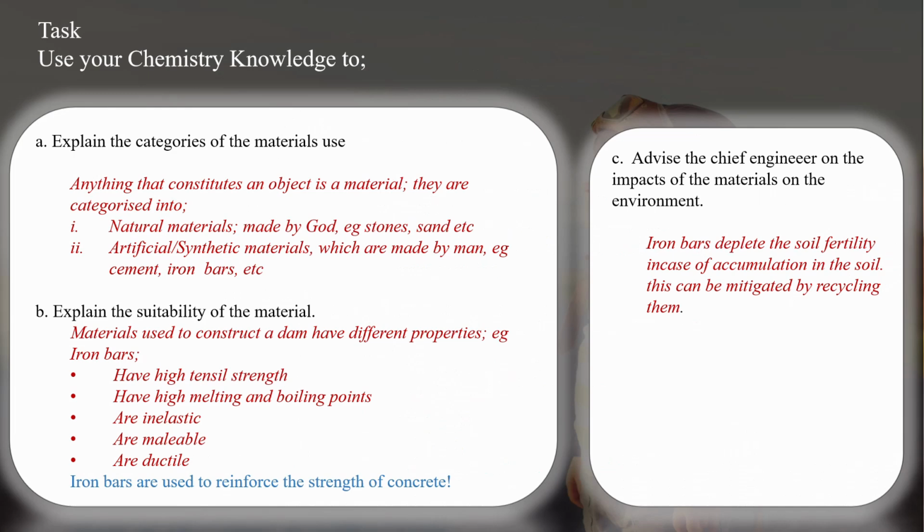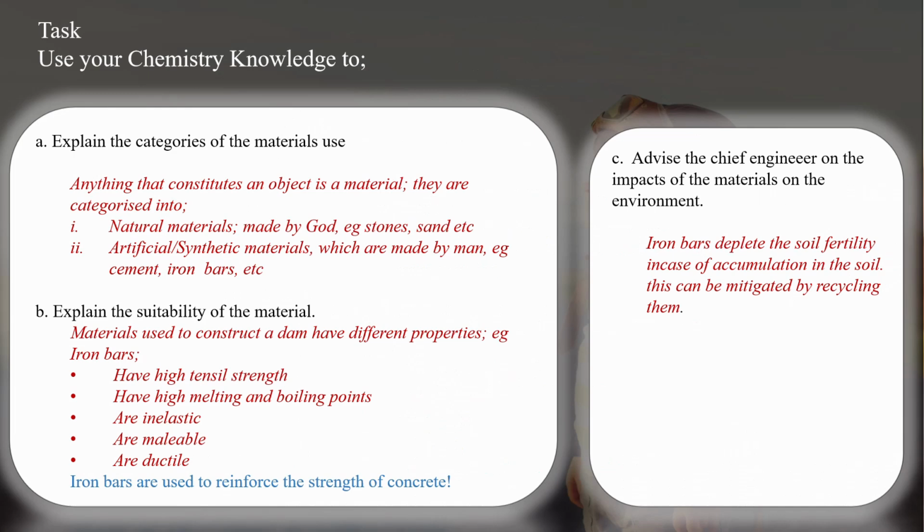Or we categorize these materials as artificial materials, because they are materials made by man. Then we give an example, for example, the iron bars and the cement. Those are examples of artificial materials.